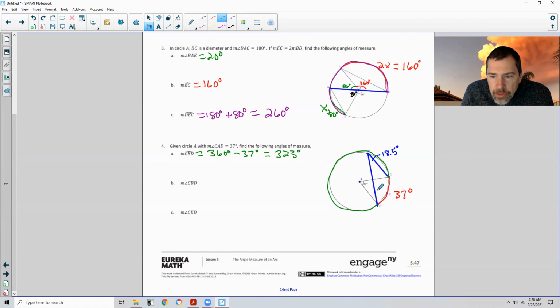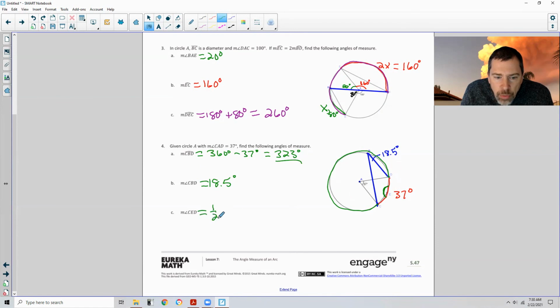The measure of angle CBD, well, that's this one here, that is half that intercepted arc of 18.5 degrees. And the measure of angle CED, okay, that is this angle here. It is an obtuse inscribed angle. It's half of the intercepted arc of 323.